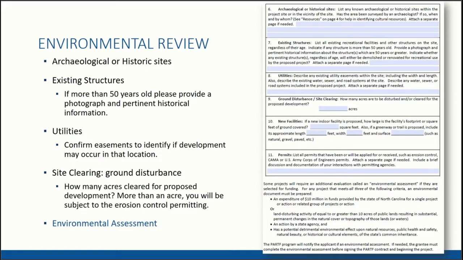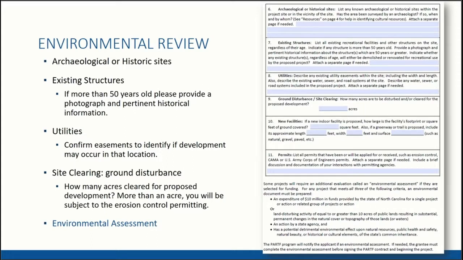Environmental assessment. So that's important to note as well. Some projects will have to go through an additional level of evaluation called an environmental assessment. And that's not required until only if they're selected for funding.